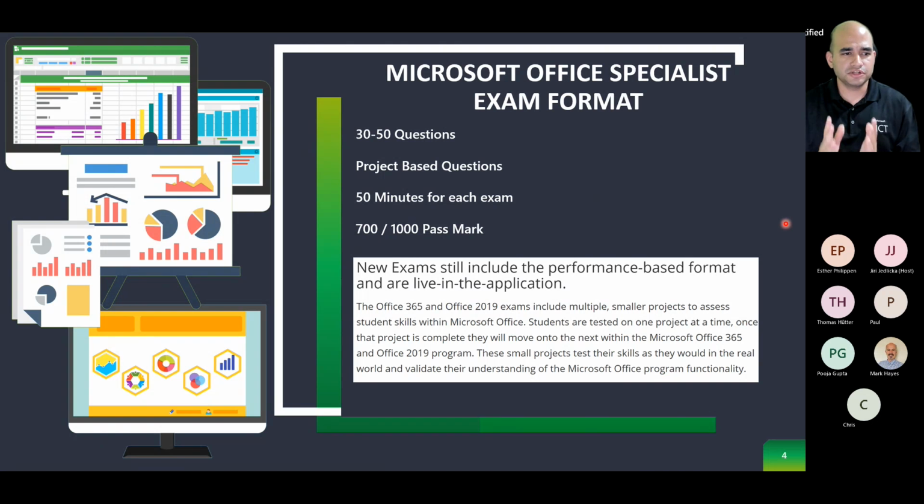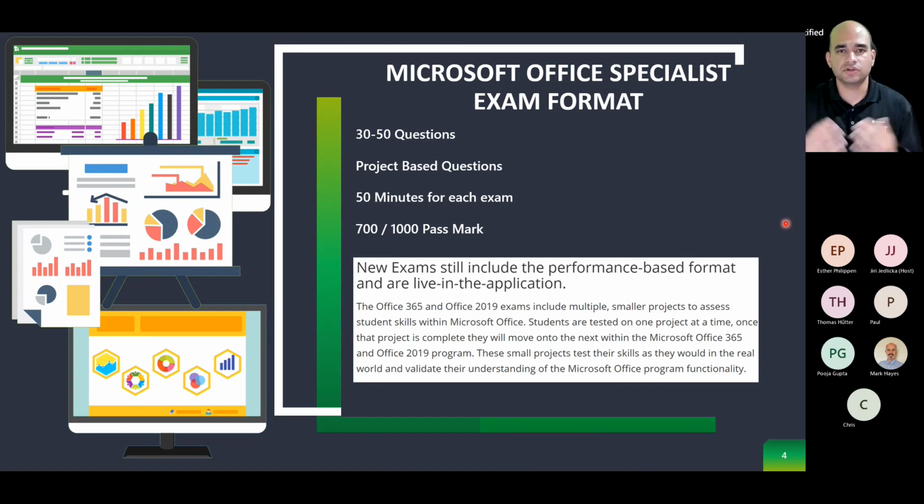So you'll have about 30 to 50 questions categorized into, say, 5 or 6 projects, right? Project 1 will consist of a certain amount of questions, which are independent to project 2, independent to project 3, etc. So you'll see different types of projects with different sets of questions, and these questions will all be asking you to do something.